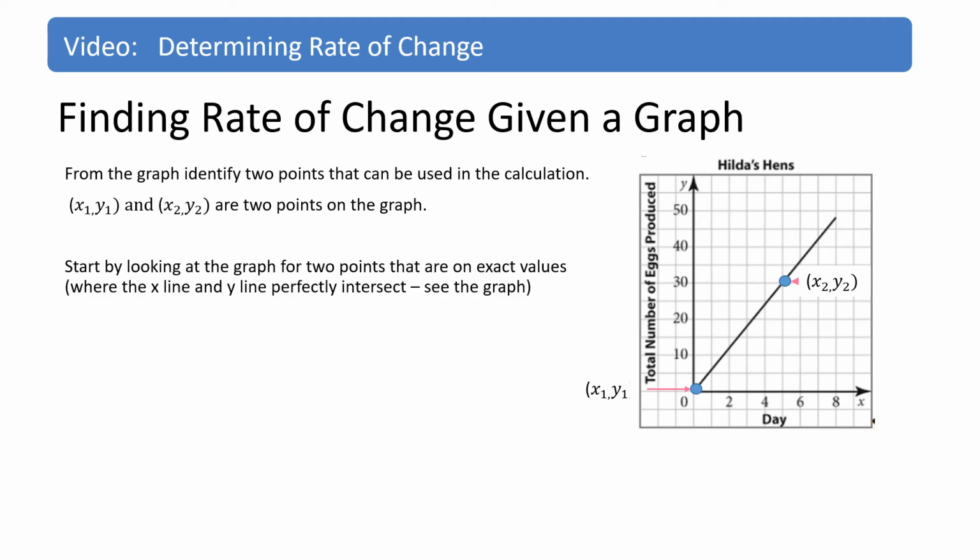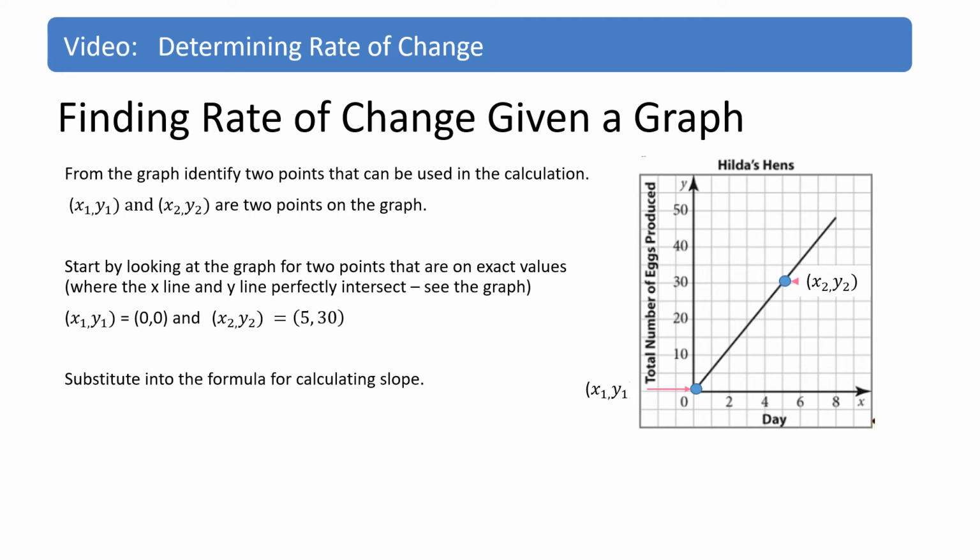Because we want to find 2 points that have exact values, by which I mean where the x line and the y line perfectly intersect. So if we come up from 5 and go across to 30, it intersects exactly at the point 5, 30. Now, we can write down x1, y1 equals 0, 0, and x2, y2 is 5, 30.